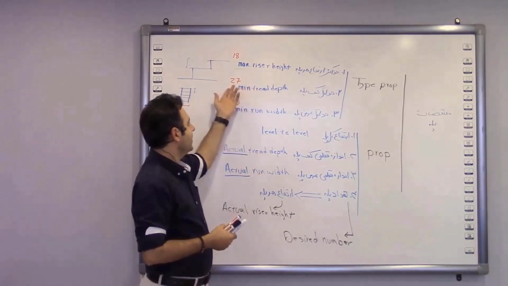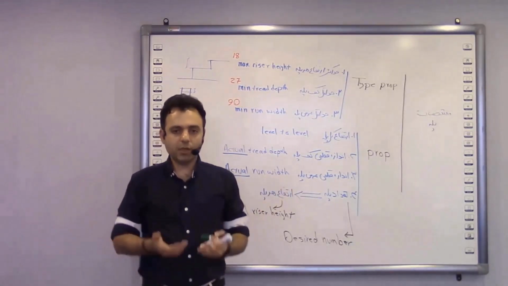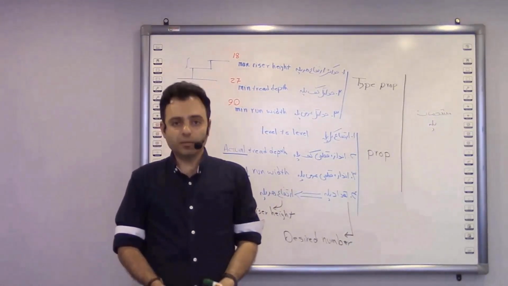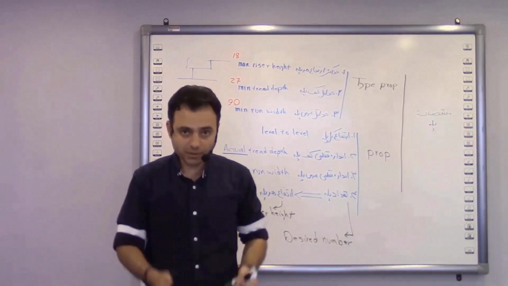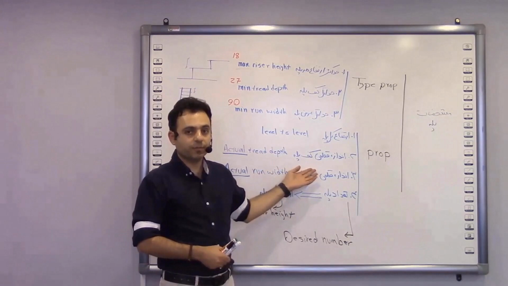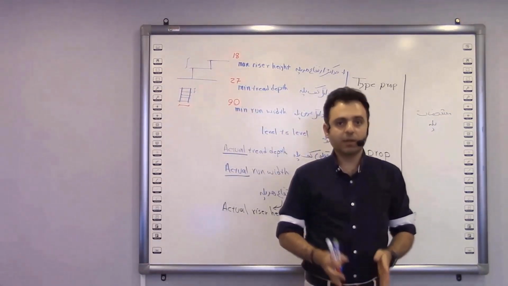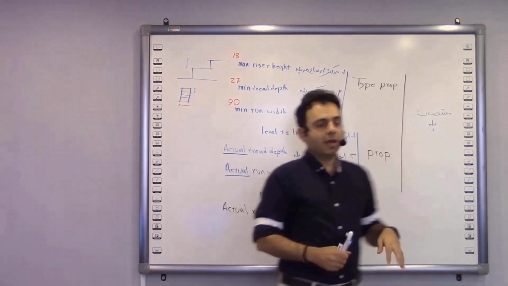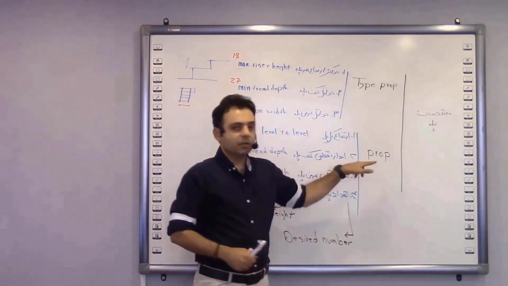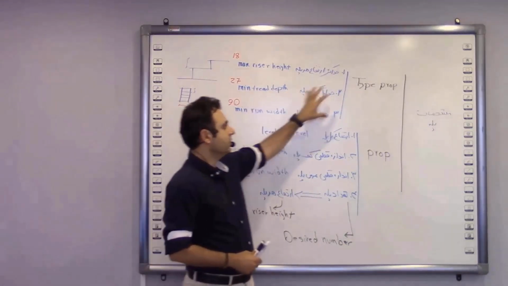We say, for example, all the stairs must be at least 27. We create a rule and then we start drawing that stair. And when we want to draw a stair, we say, what is the actual tread depth or run width? For this specific stair, we use this actual.